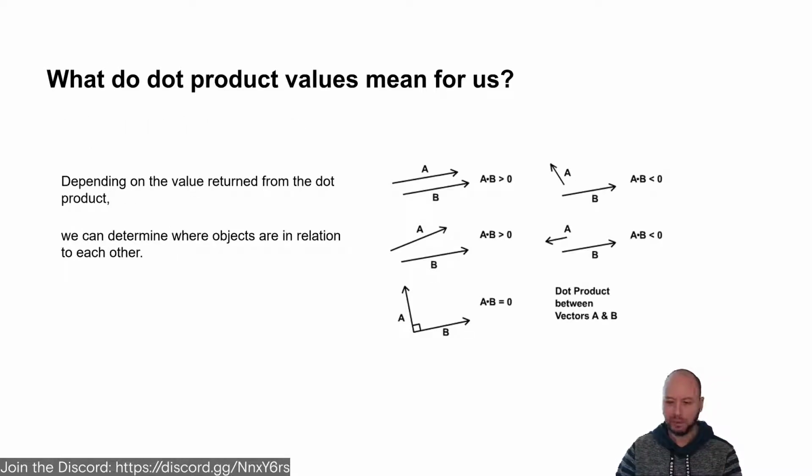So here's a couple of examples of what the dot product looks like for a variety of different scenarios. If two vectors are pointing in the exact same direction, you're guaranteed for that to be a positive number. If they're pointing in opposite directions, or not exactly, it's going to be a negative number. And if they're perpendicular, then the dot product is going to be 0, which is also a very useful thing to know.